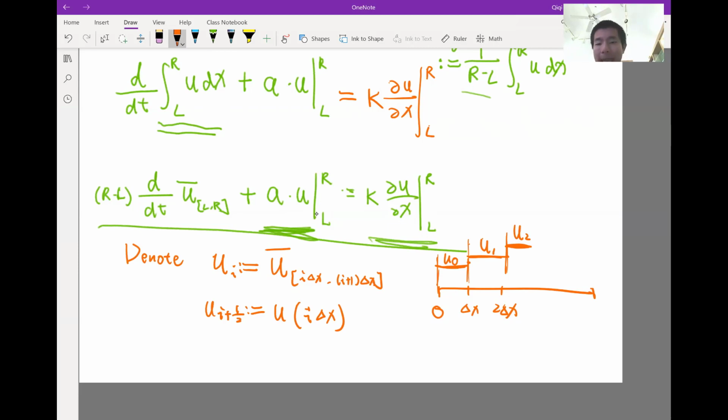That's not the same thing we use to denote a value in finite difference. In finite difference, u at i delta x would be denoted as ui. But here, remember, in finite volume, the values at the grid points are not something we store in the computer. It's something we approximate using the neighboring volume averages, right?